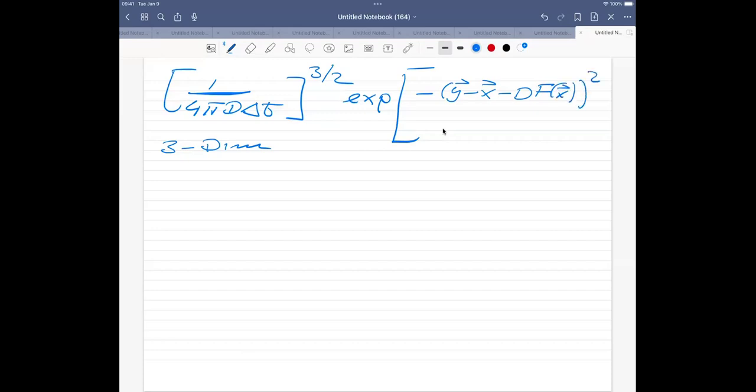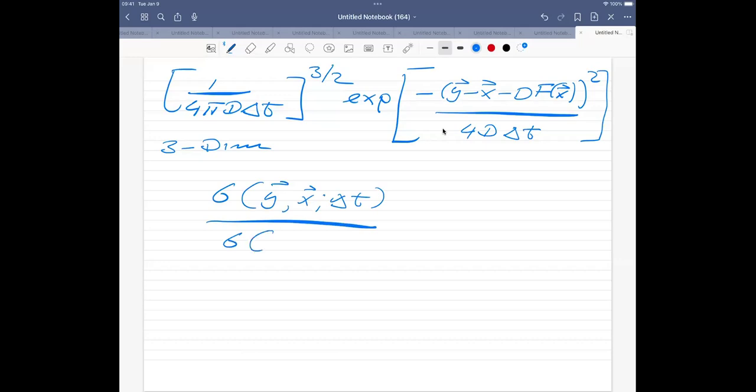This is squared, divided by 4 D delta t. And now what we see is that we take the ratio between G(y, x, delta t) divided by G(x, y, delta t). This is then different from 1.